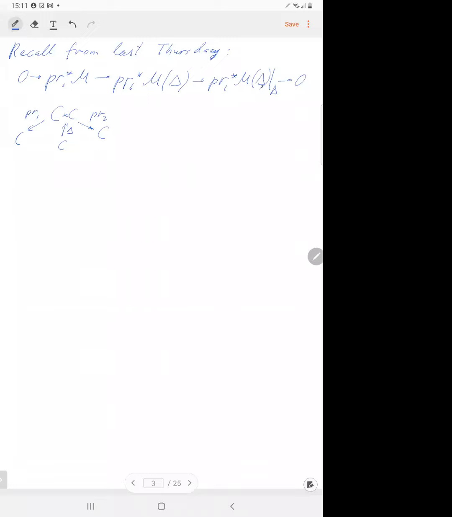Okay, and then we obtained the coboundary morphism, just so to say, the variation of the coboundary morphism at a point from the previous page, the variation as the point moves along the curve.